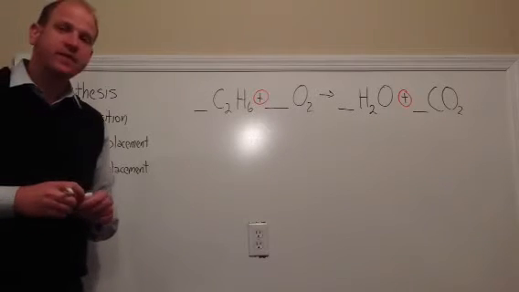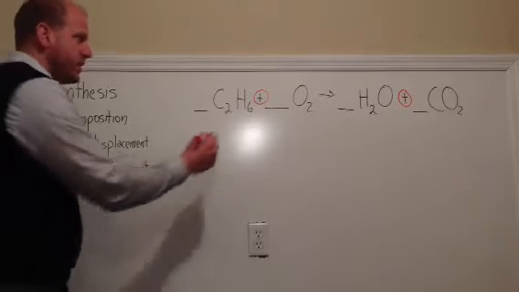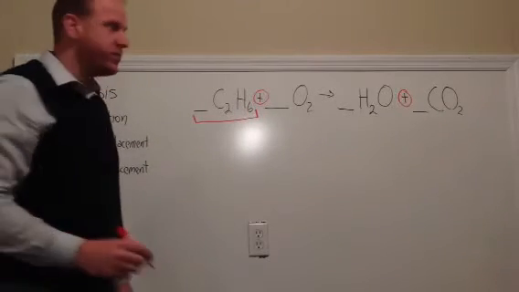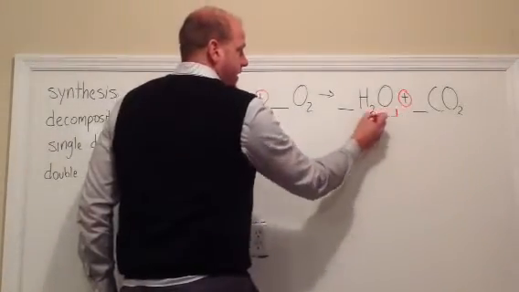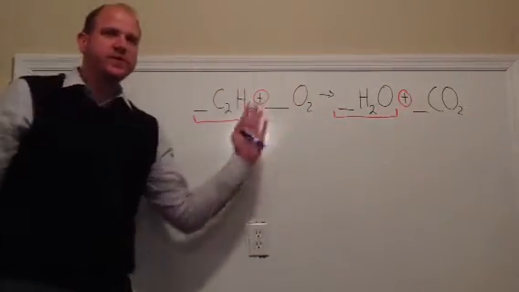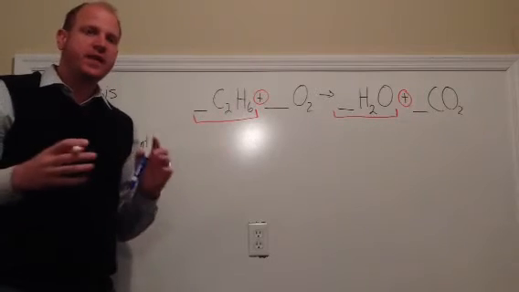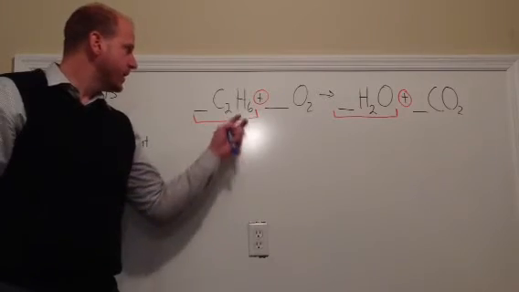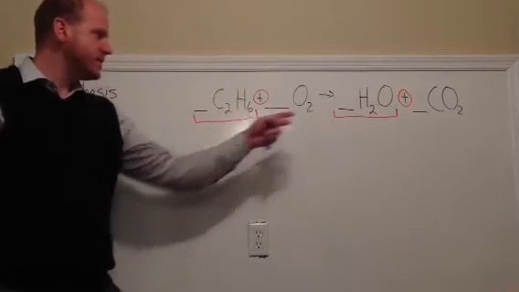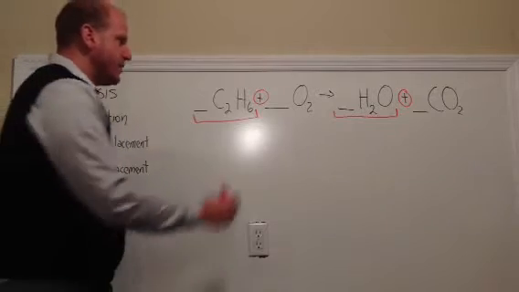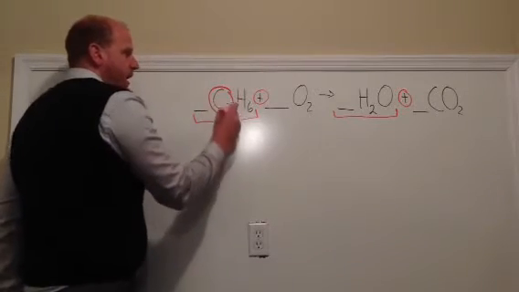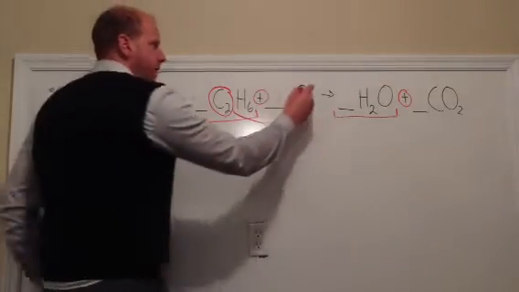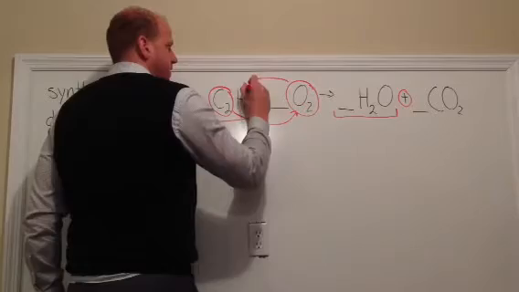The best way to tell if it's single or double displacement is by looking at your first term on the reactant side and comparing it to the first term on the product side. Whenever we do this comparison, we're trying to see if any elements have moved out of the term or if any elements have moved into the term. So if we compare C2H6 to H2O, immediately we notice that the carbon has moved out, and then oxygen has moved into it.